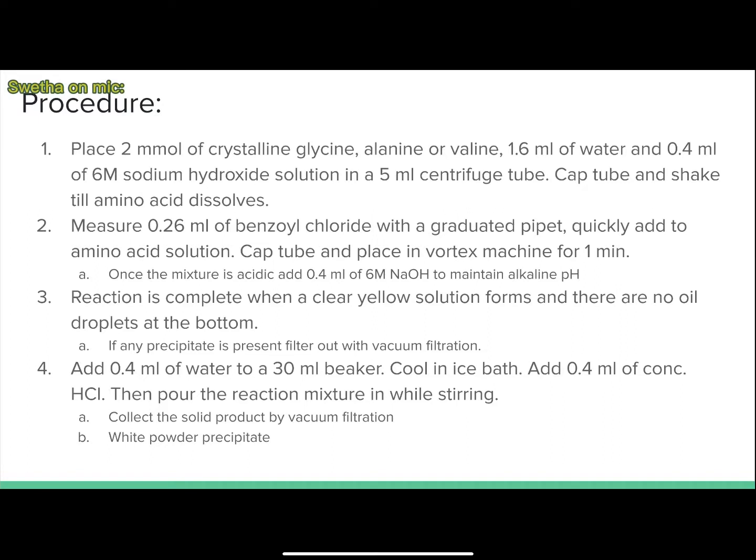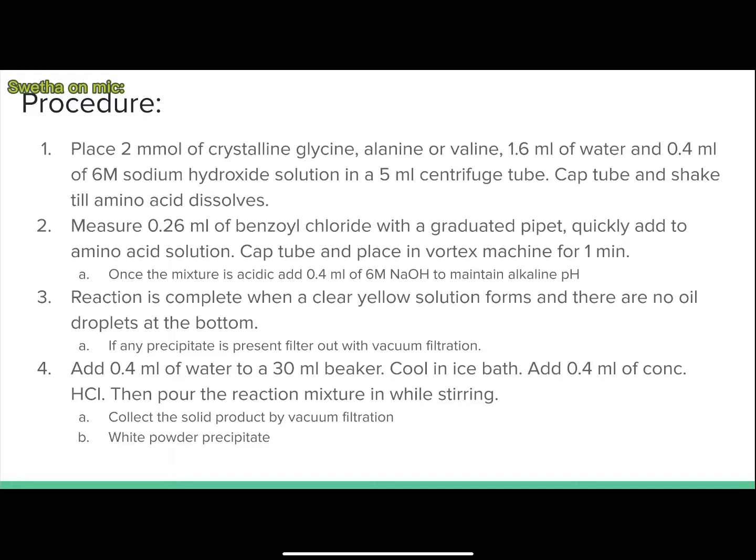Procedure: begin by placing 2 millimole of crystalline glycine, alanine, or valine, 1.6 milliliters of water, and 0.4 milliliters of 6M sodium hydroxide solution in a 5 milliliter centrifuge tube. Cap the tube and shake until the amino acid dissolves.